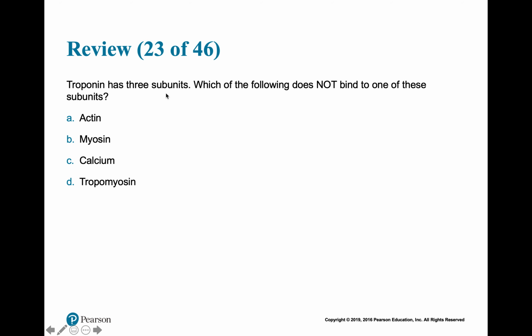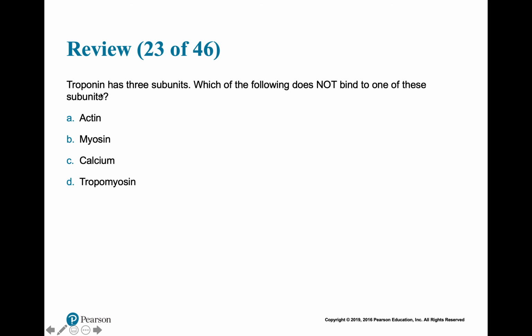Troponin has 3 subunits. Okay, that's correct. Which of the following does not bind to one of these subunits? So remember, troponin has 3 subunits. Actin, that's correct. Myosin, calcium, I know that's correct. Oh, tropomyosin, yes.